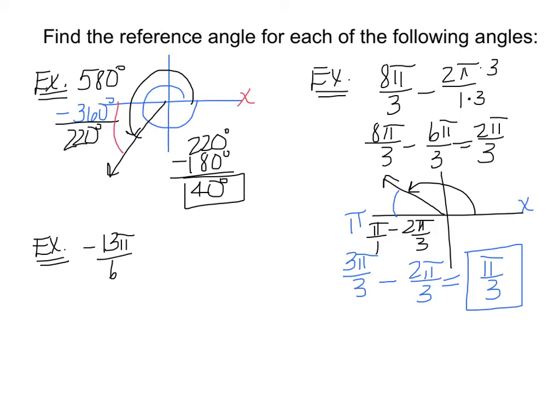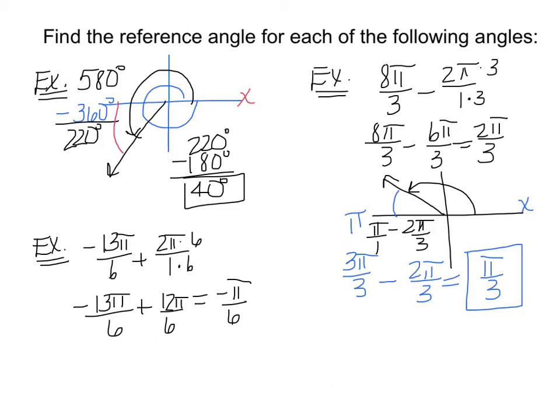See, with negative 13 pi over 6, remember if it's negative, you're going to add 2 pi. And you'll get a common denominator. And you're going to notice that just doing one rotation or one revolution is not enough because we're still in the negative.